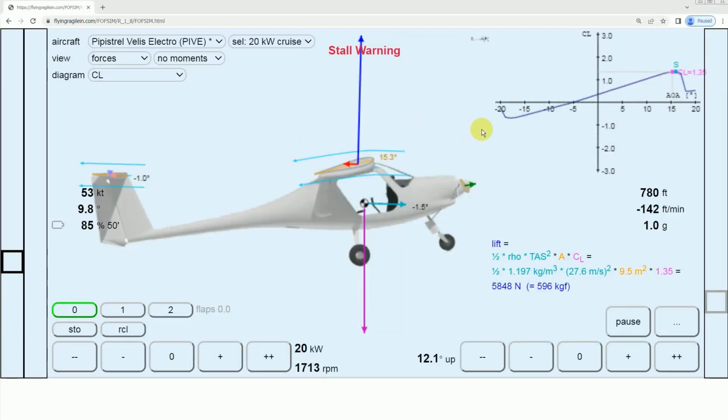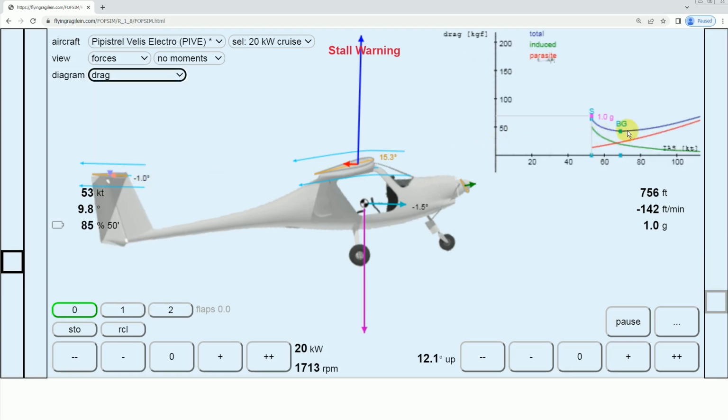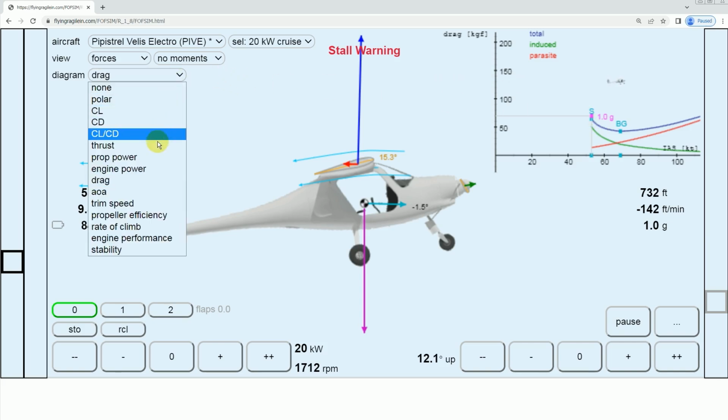To understand what's going on here, we have to take a look at the drag curve. So let's select the drag diagram. Here we see that from a certain point, flying slower causes more drag. Let's take a look at the power curve.